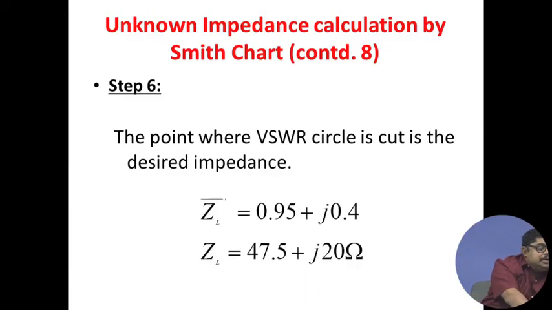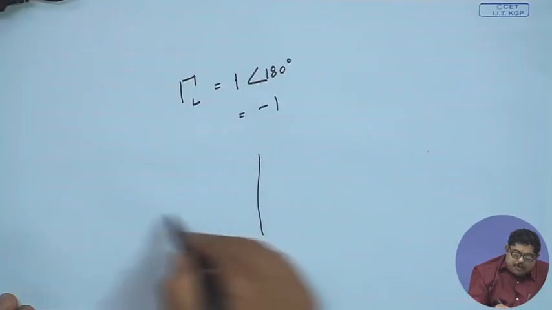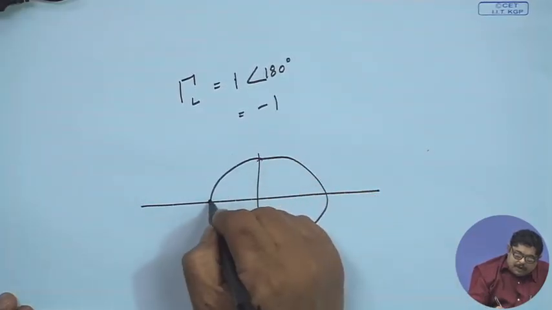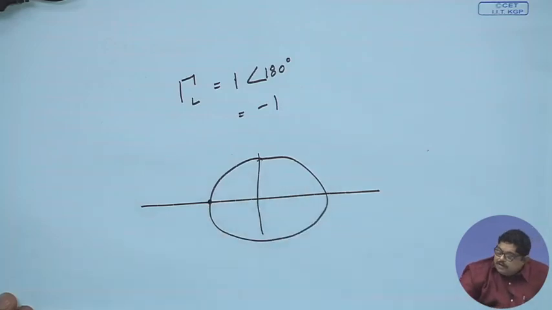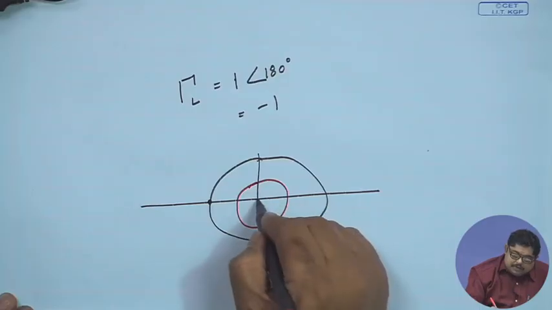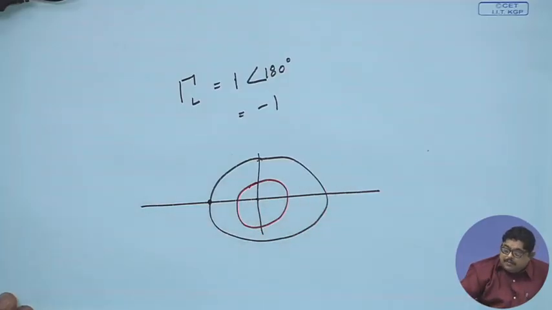By that you can find out the values, because once you have found out the point of unknown impedance. So, I am writing for you, you do it. This is the Smith chart, you have already drawn the VSWR circle, let that be red. VSWR circle we have described how to do.